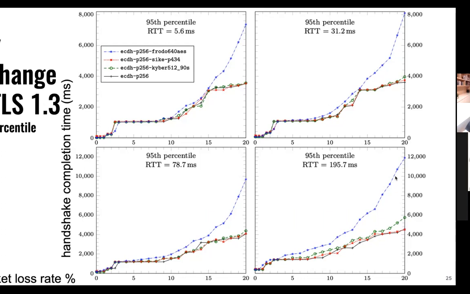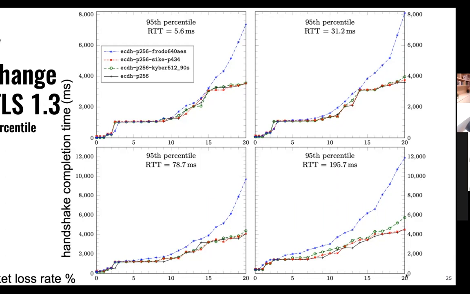So although this is the 95th percentile, the flip side of that is it's still affecting 5% of users. And so for 5% of users on a trans-Pacific connection, we would see a significant impact perhaps on connection establishment time, if they have very poor network quality.